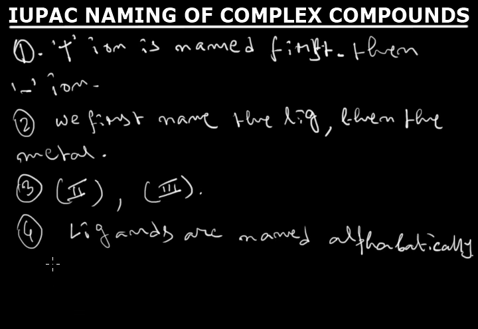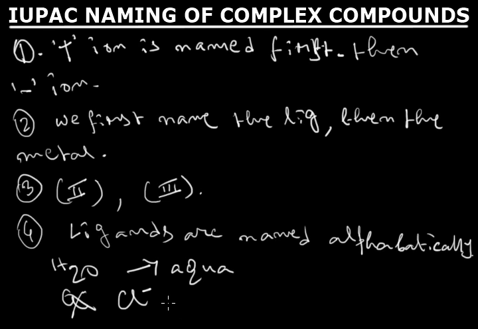For example, if H2O and Cl minus both are present, the name of H2O in this system is aqua, and the name of Cl minus is chlorido. Since in the alphabet A comes before C, during naming we write first aqua, then chlorido.